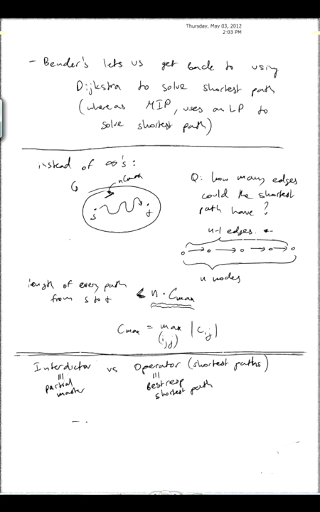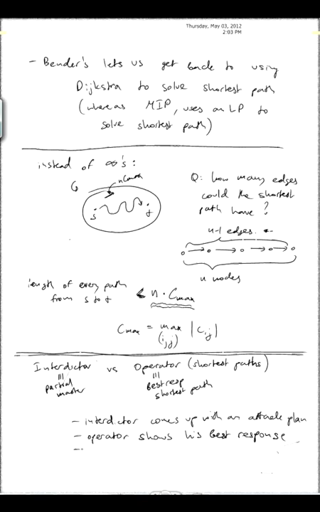And the basic idea here is that the interdictor comes up with an attack plan. And then the operator shows his best response. But then the next time that the interdictor comes up with an attack plan, he's going to remember all of the best response plans that he's seen from the operator.